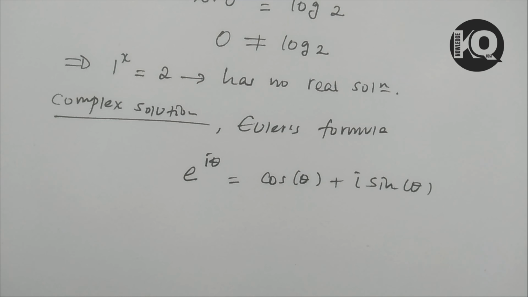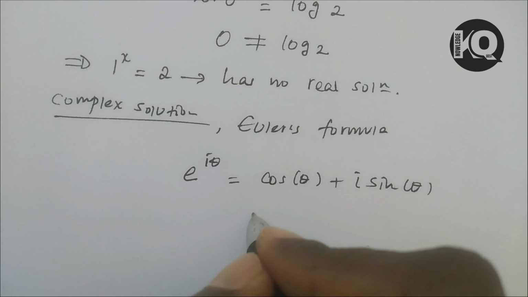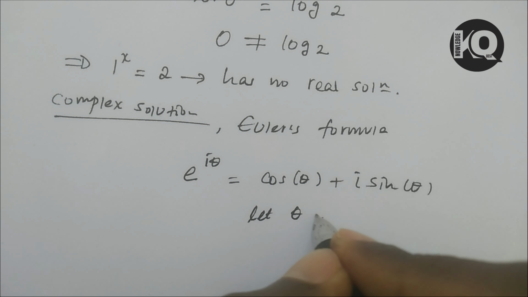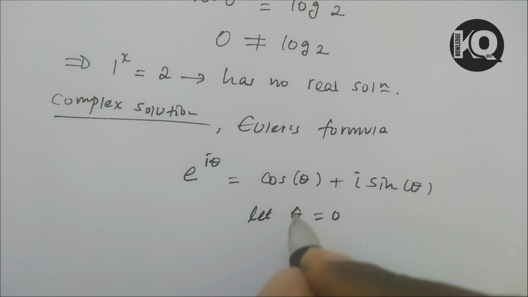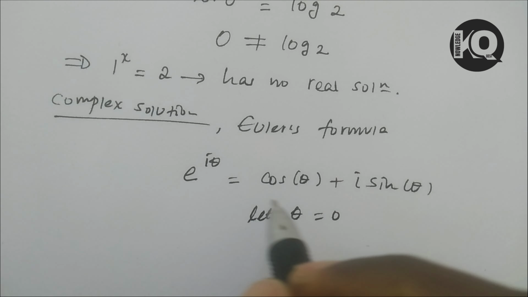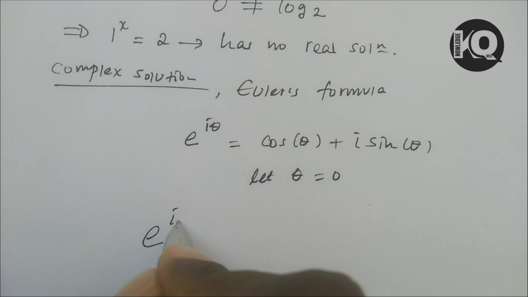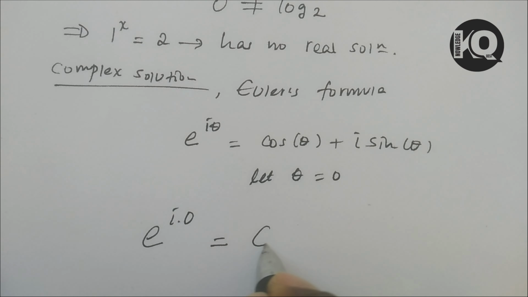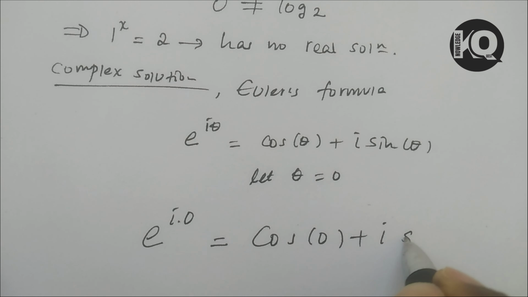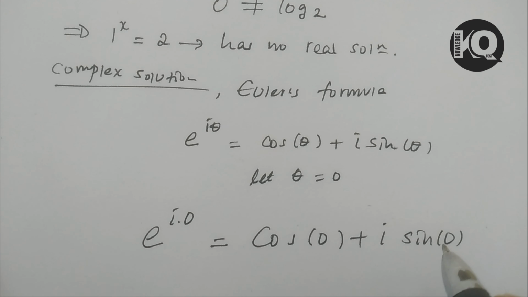So in order to get 1, let theta be equal to 0. Let's introduce this theta equal to 0 into Euler's equation. So e to the power of i times 0 is equal to cos of 0 plus i times sine of 0.